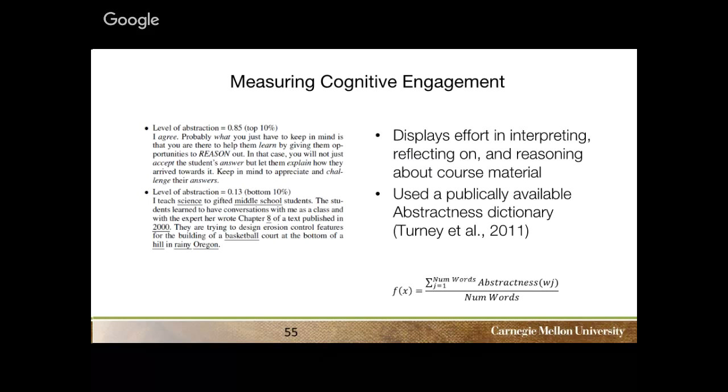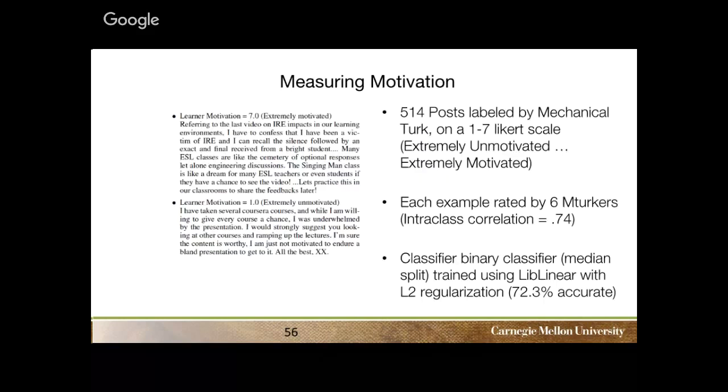One thing we looked at was evidence of cognitive engagement. Could we see that students in the discussion forum were either staying at a very surface level or digging down more deeply? In the research we've published, we've also talked about how we measured that in the language.